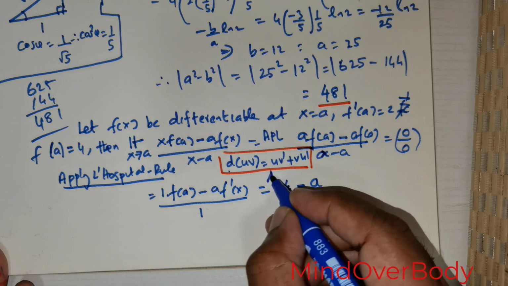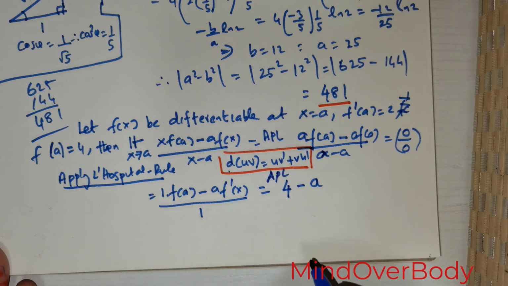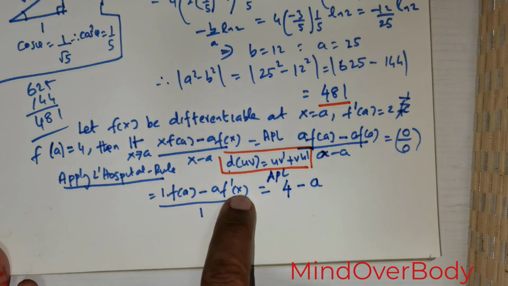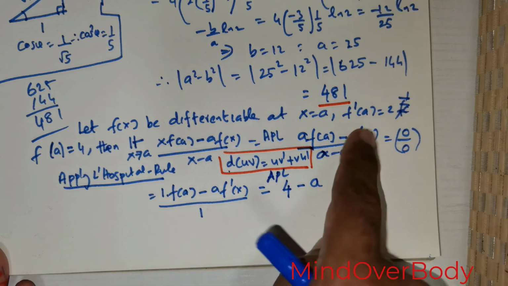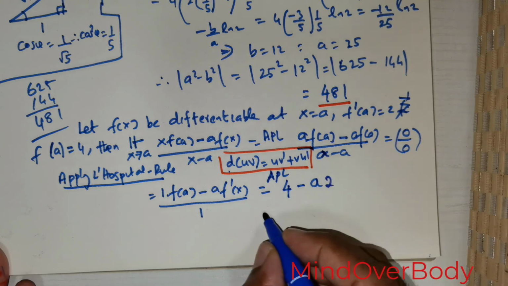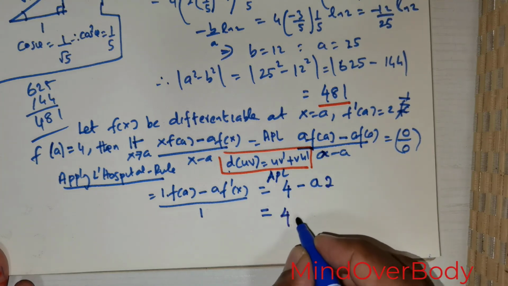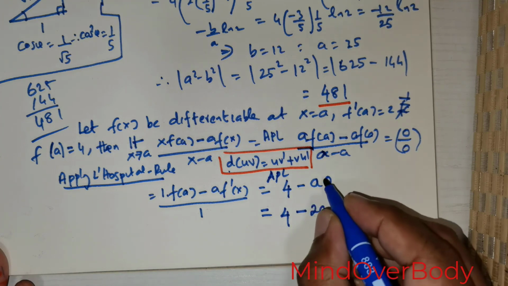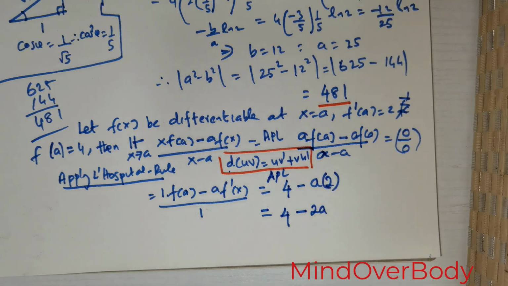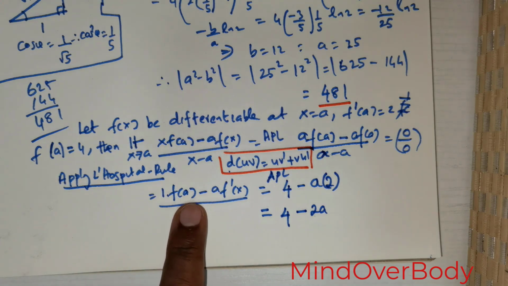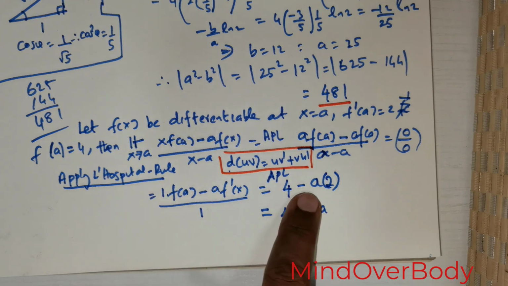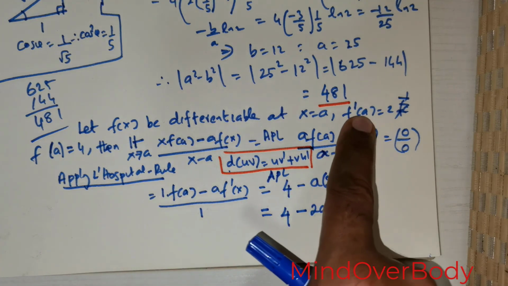Because in this case we are applying the limits, so x is tending to a. That's the reason I need to find f dash of a. So f dash of a is going to be equal to 2. So if I were to rewrite this, this is going to give me 4 negative 2 times a. So maybe I can place a parenthesis. From here onwards, we are actually looking to apply the limits and extract the value, and that is the reason we are able to utilize these values.